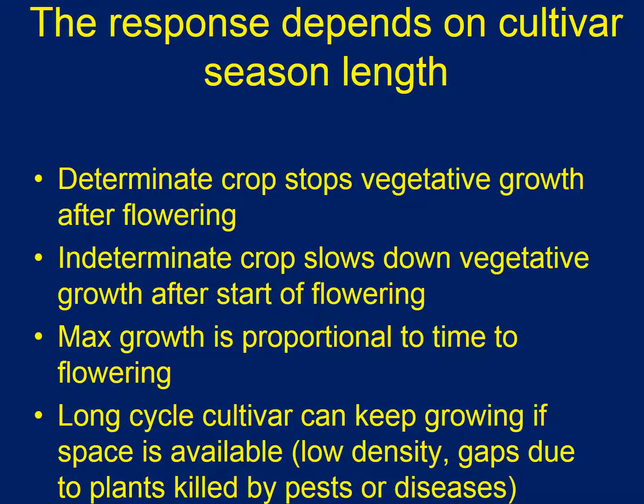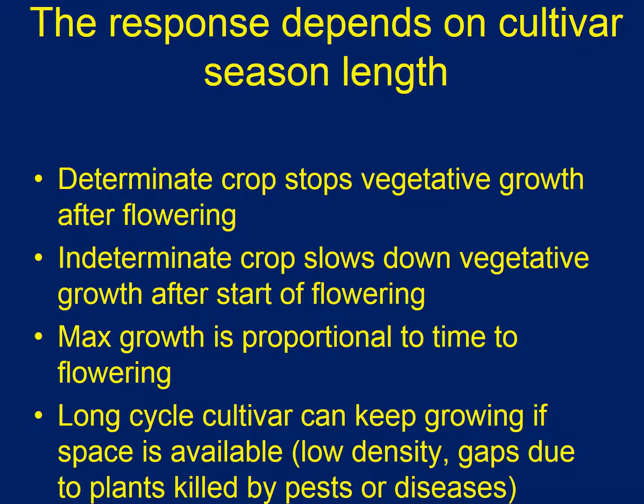This is explained because determinate crops stop vegetative growth after flowering. Indeterminate crops do not stop but slow down vegetative growth after the start of flowering. As maximum growth is proportional to time to flowering, because vegetative growth is reduced after flowering, then the long cycle cultivars will keep growing if space is available, in other words, when we have low density, or when we have gaps due to plants killed by pests or diseases.